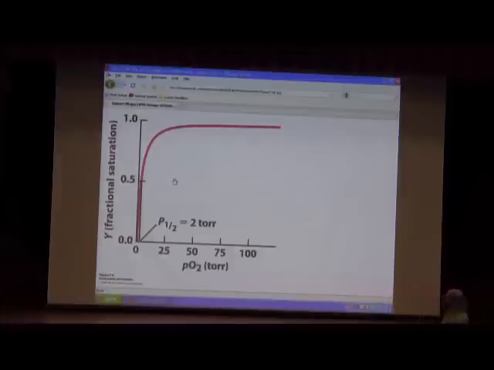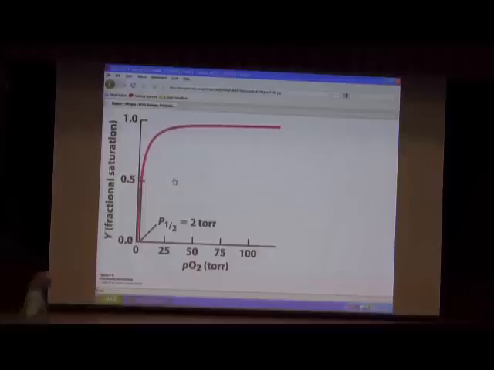If I had something up here, I have all of the molecules being saturated. Something down here, I have none of the molecules saturated with oxygen. Okay? What I see on the x-axis is the partial pressure. That is the pressure of oxygen, or the amount of oxygen that's present. What we see is that it takes a very tiny amount of oxygen for this guy to get up to 50% saturated.